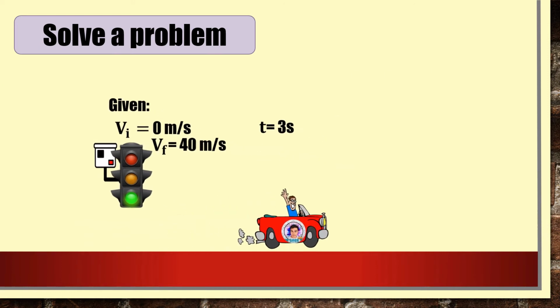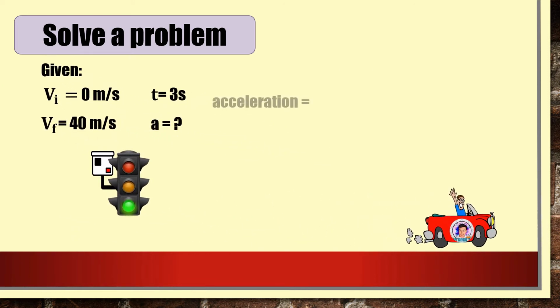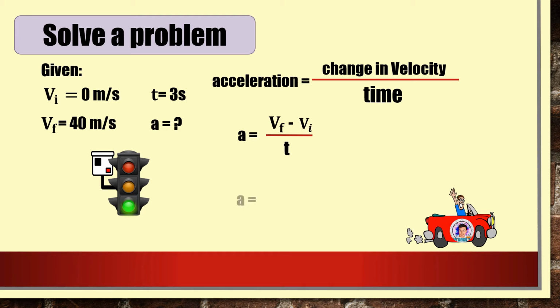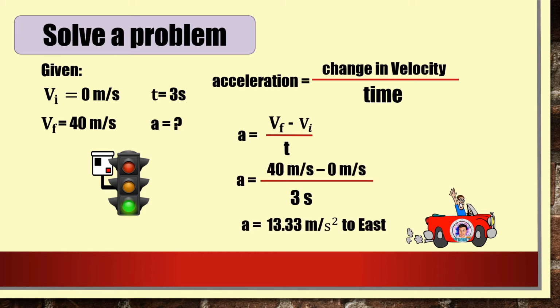Acceleration is equal to change in velocity divided by time, or final velocity minus initial velocity divided by time. Acceleration is equal to 40 meter per second minus 0 meter per second divided by the time, which is 3 seconds. The acceleration of the car is equal to 13.33 meter per second squared going east.